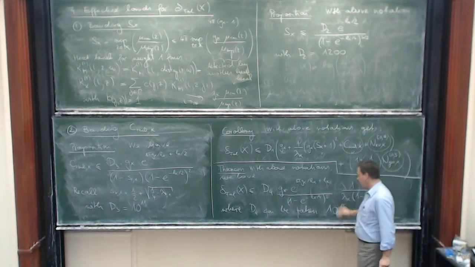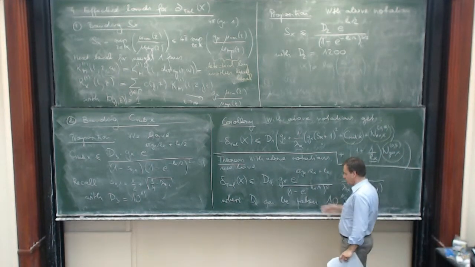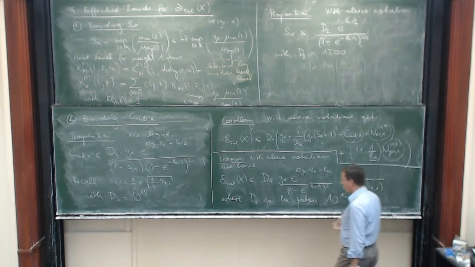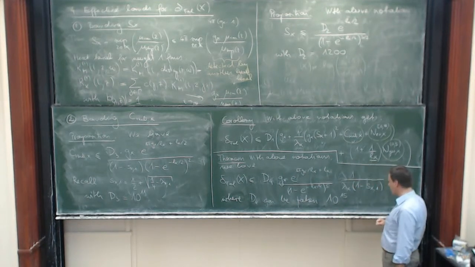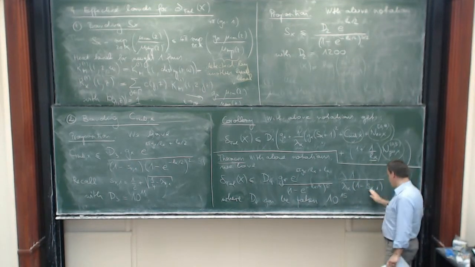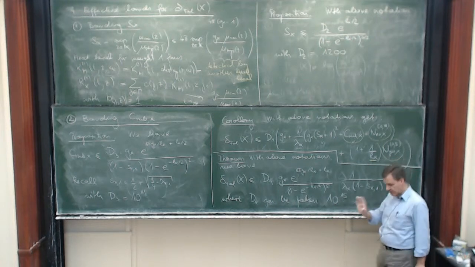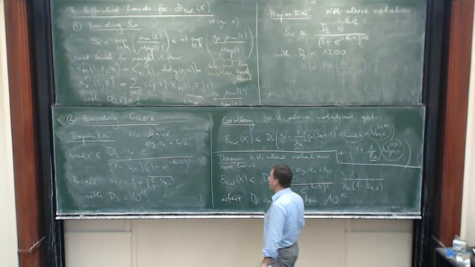Okay, so this basically fulfills what the original goal was. We have a bound in terms of the genus, the topological quantity, then the length of the shortest closed geodesic, and the smallest non-zero eigenvalue, right?